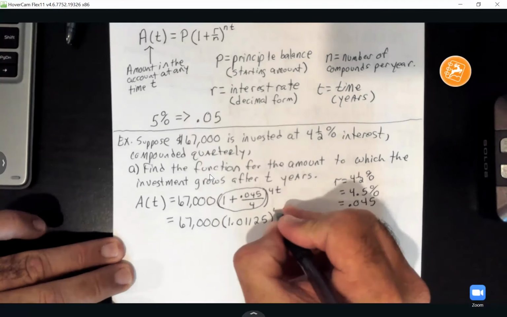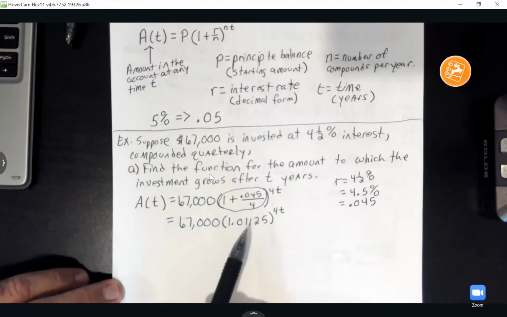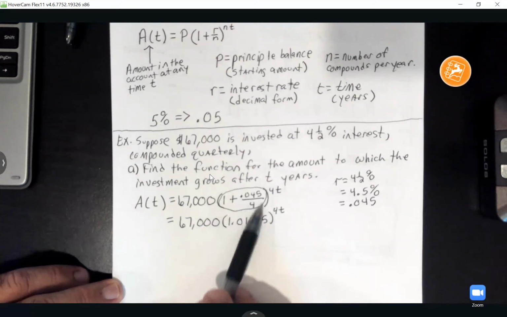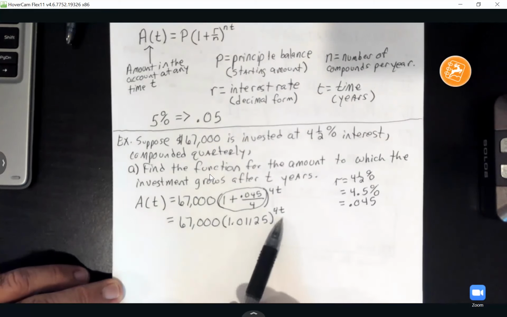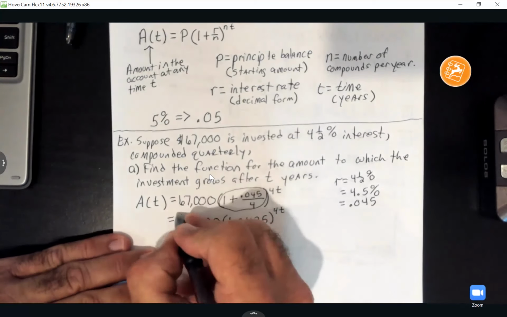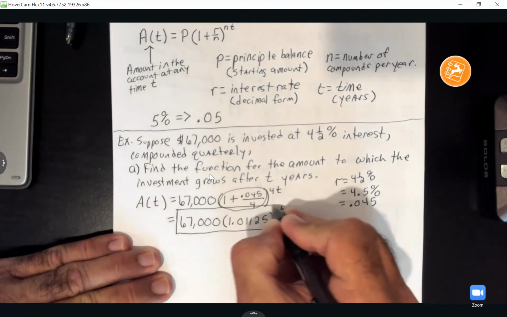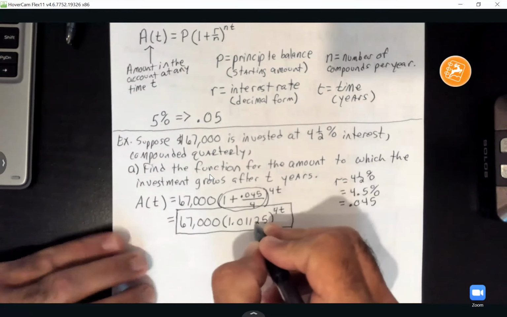And then outside I got my 4T. Because MathLab always wants you to simplify the parentheses. I can't go no further because I don't know what the T is. So I can't hit the exponent with that. So this is what MathLab is going to want, okay? It wants you to simplify the parentheses.